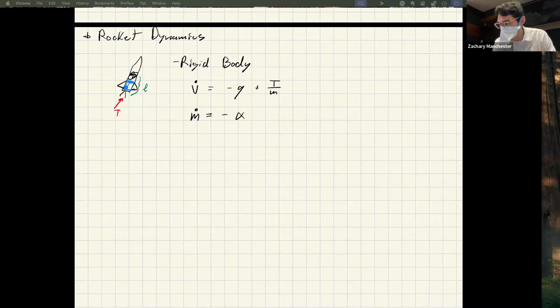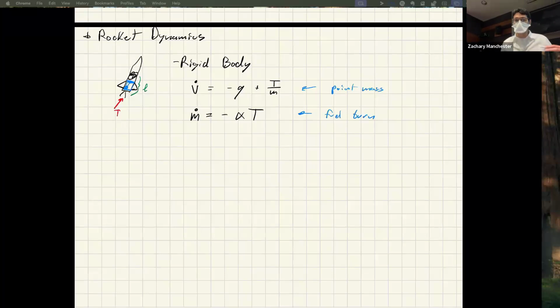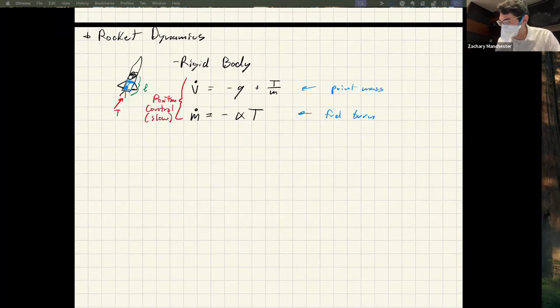It's some coefficient times the thrust, basically. So this would be point mass dynamics and fuel burn. These two things are what's in that high level controller, which we're going to talk about here. So these two things go in the position controller and are in the slower loop.